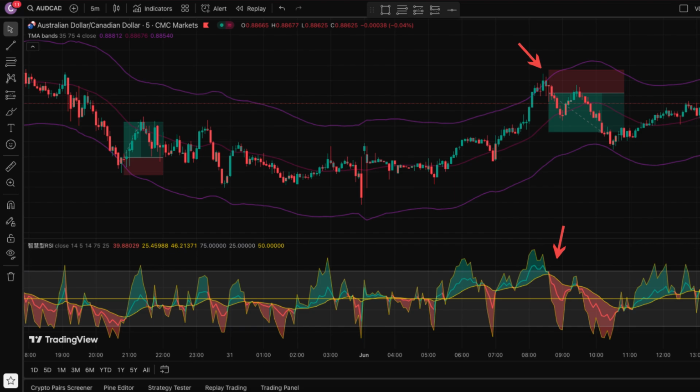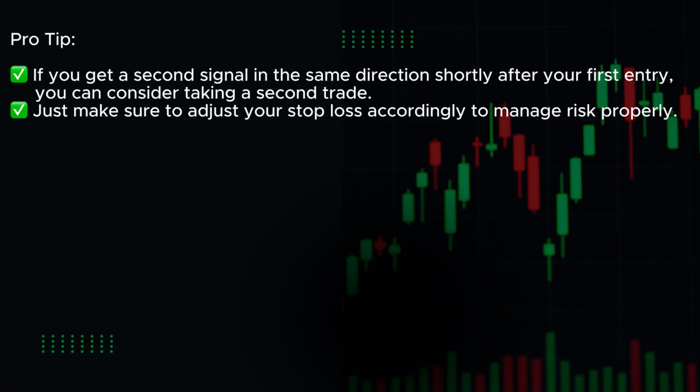It's time to enter a sell order. Pro tip, if you get a second signal in the same direction shortly after your first entry, you can consider taking a second trade. Just make sure to adjust your stop loss accordingly to manage risk properly. In the next section, we'll cover exactly how to manage your trades once you're in, so stay tuned.